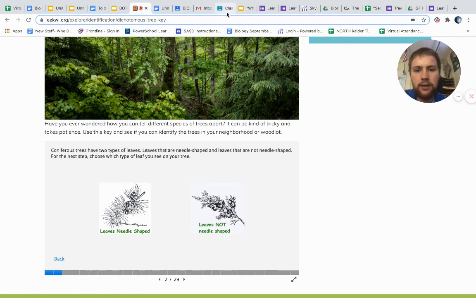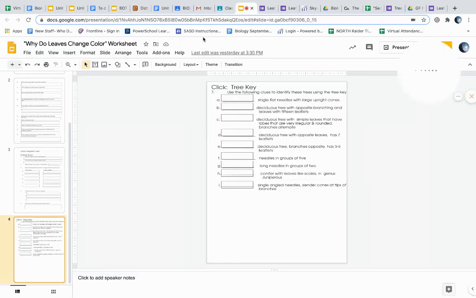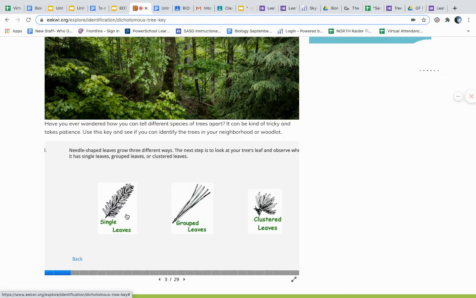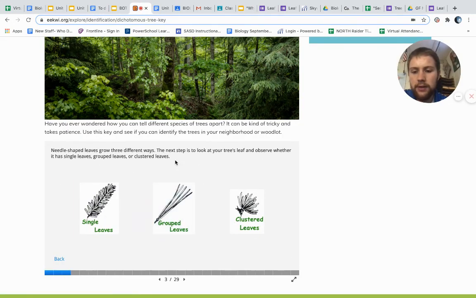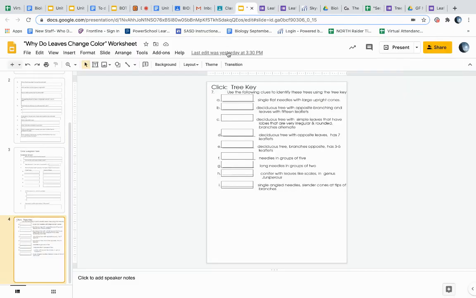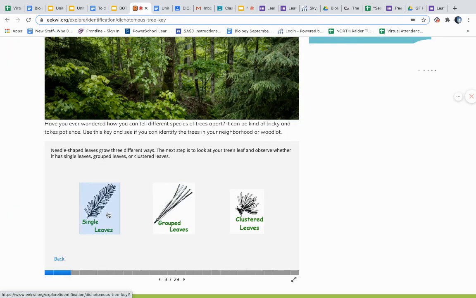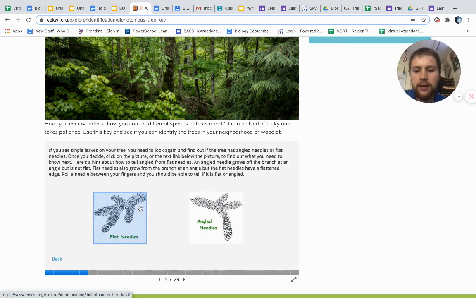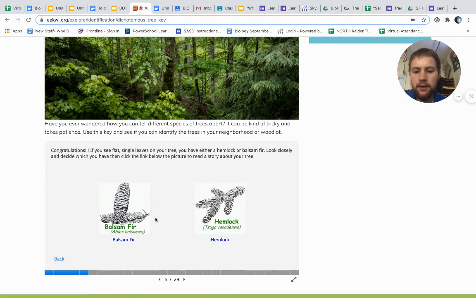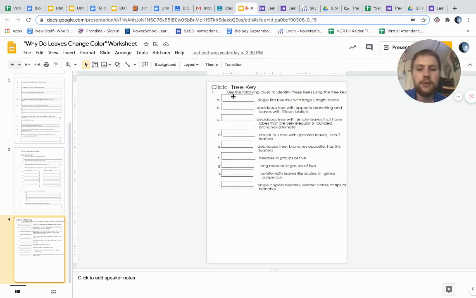Okay, so I think they're going to be needle-shaped. Single flat needles, okay, so single is what we're looking for. With large upright cones, so single flat needles here. And then large upright cones, which appears to be balsam fir. So here you would put balsam fir.